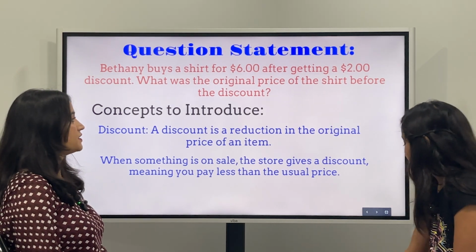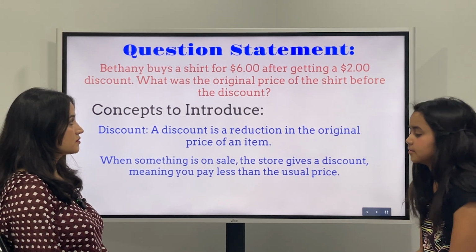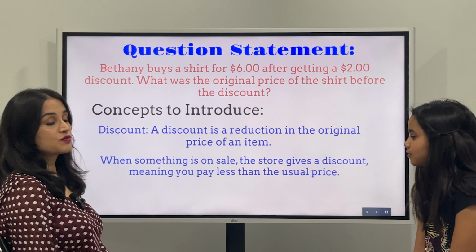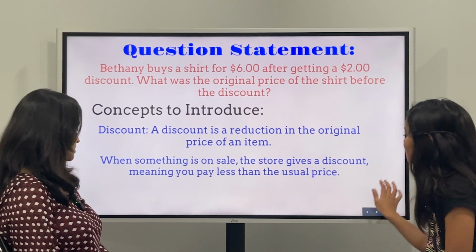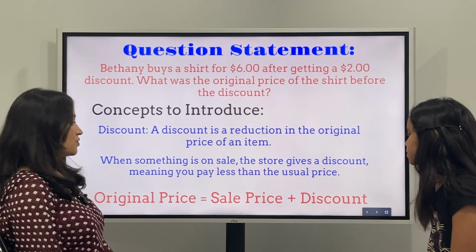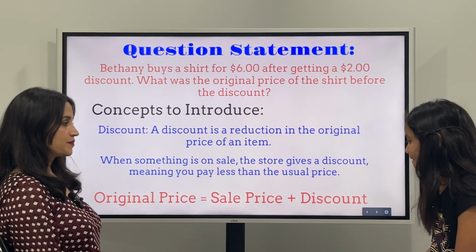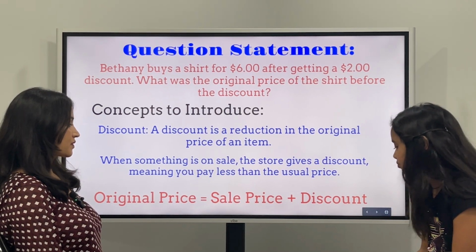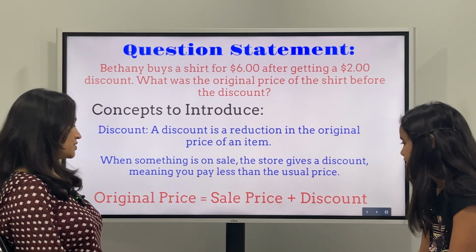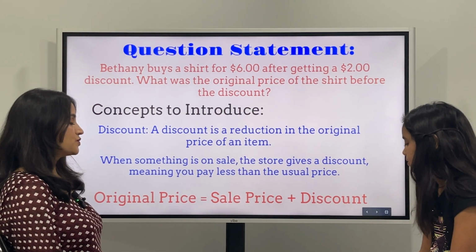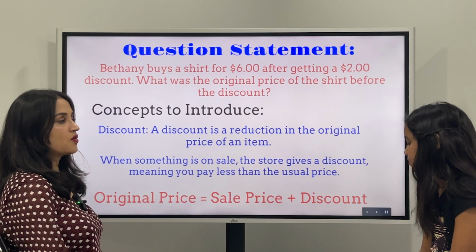Let's find out the original price. The method goes: original price, sale price, discount. So original price is equal to sale price plus discount.